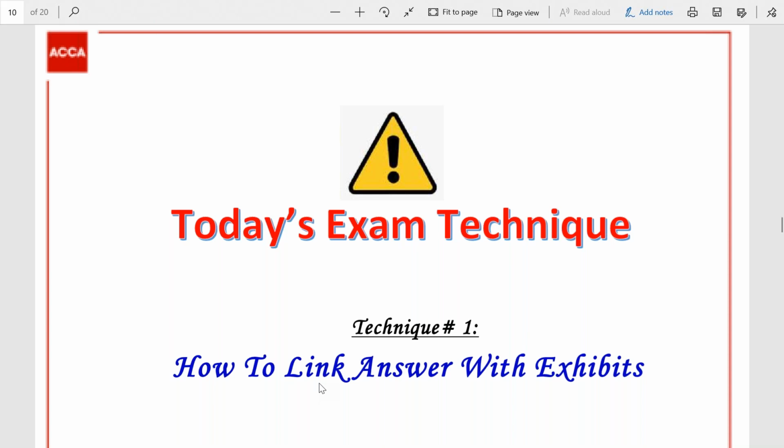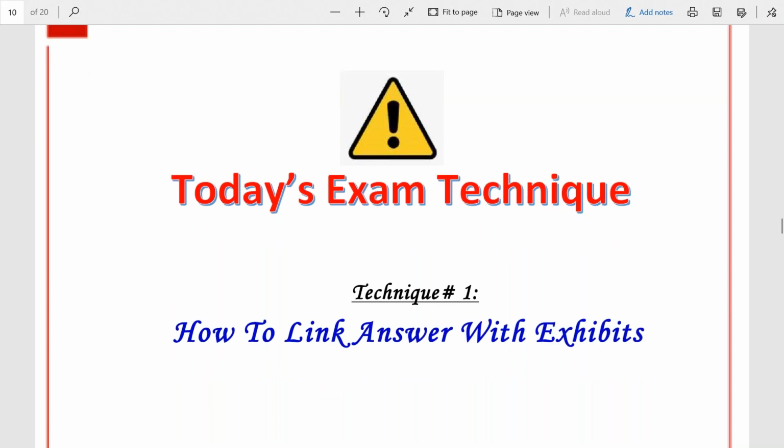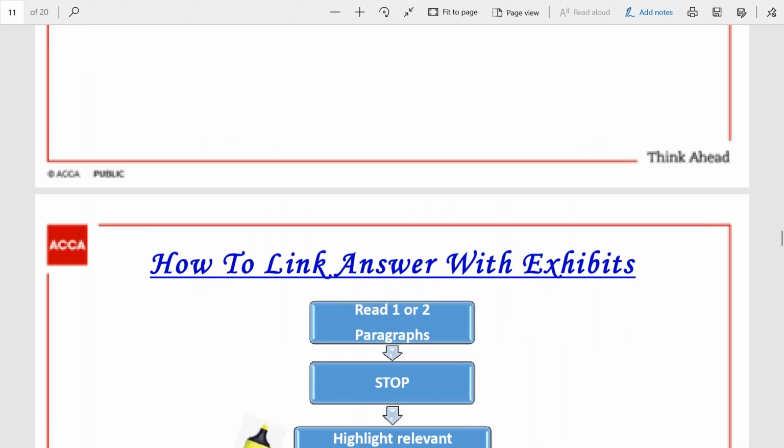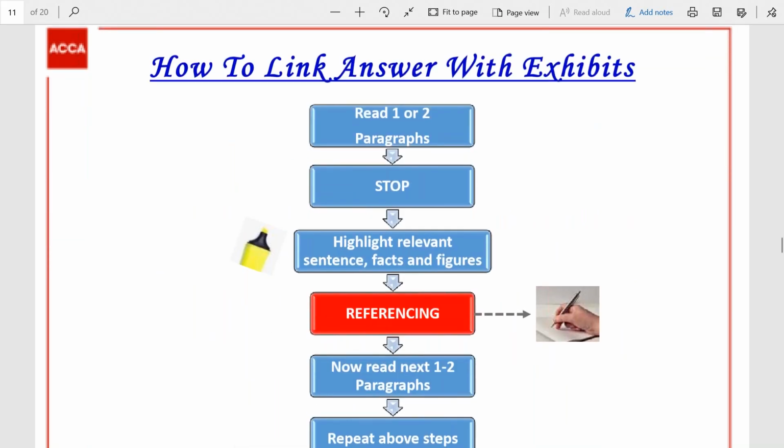Right. So today's exam technique is how to link answers with the exhibit. The first thing is, my dear friends, you have to link your answers with the exhibits, right? How do you do that? The technique is that you read one paragraph, or maximum 2 paragraphs, on the exhibit and then you stop.